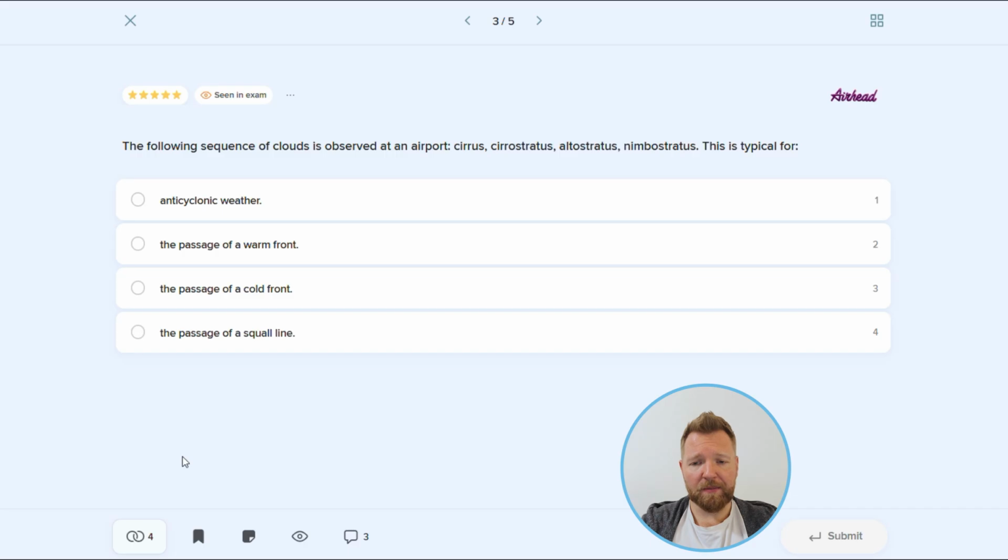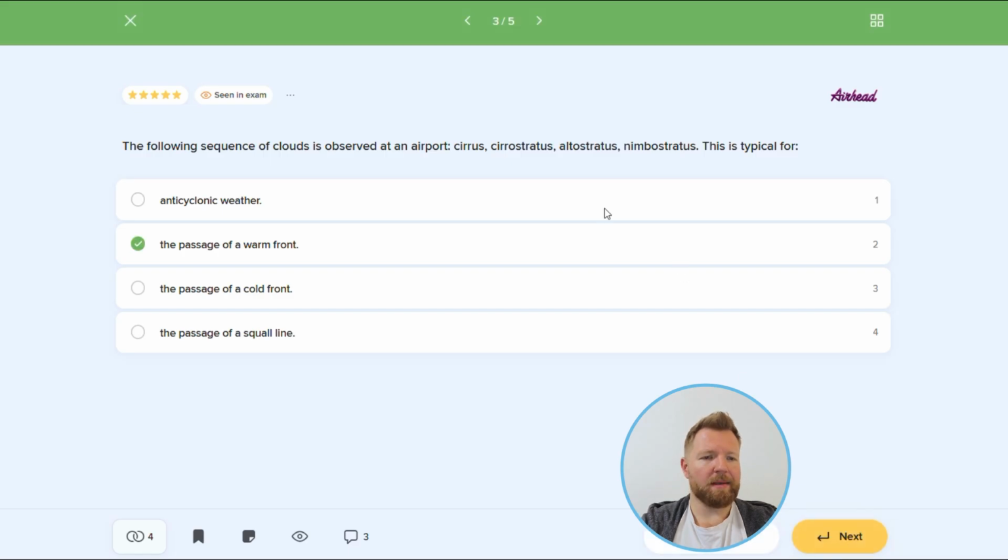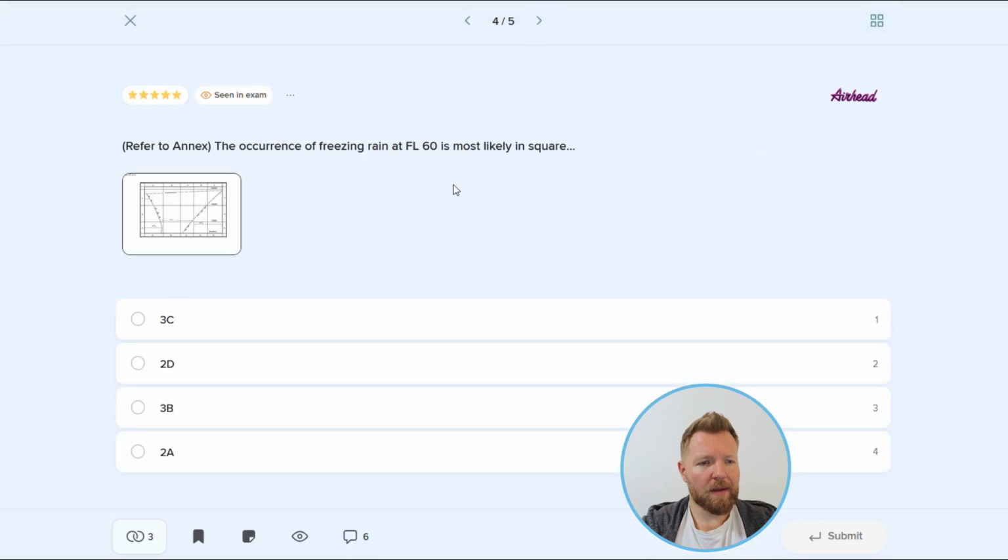So, as I mentioned before, the sequence of cirrus, cirrostratus, altostratus, and nimbostratus is typical for the passage of a warm front. Answer number 2. And this answer is also correct.